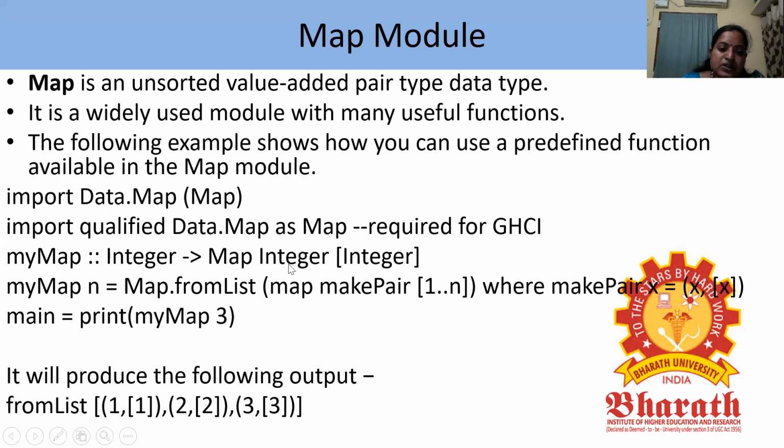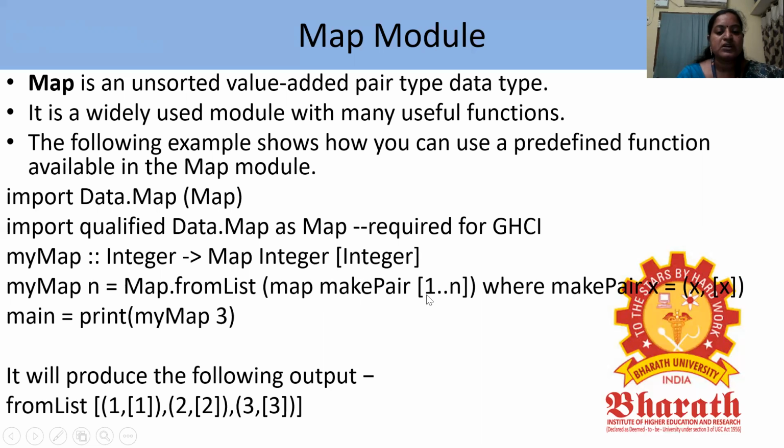Okay, I'm going to get the integer only, but that integer will be in the form of a list. And then myMap n equals... So this is the function declaration, this is the function definition, and this is the function call. myMap n equals Map.fromList (map makePair [1..n]). So we have to make it a pair.